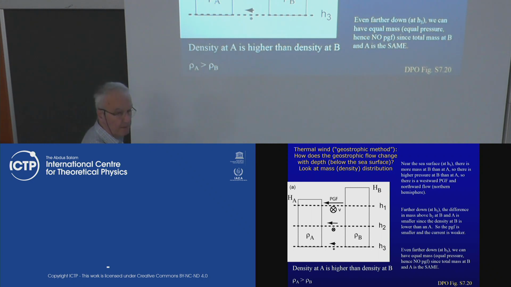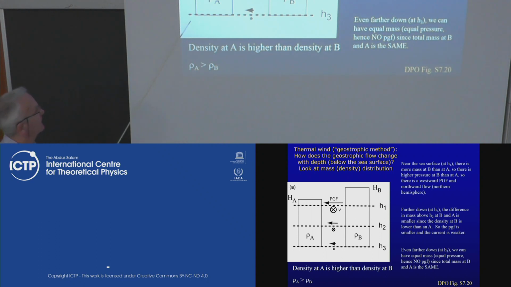Oh, but we don't talk about the salinity here. We talk about the density itself. So in that case, how is rho at A greater than the one at B? We assume that rho at A is larger than rho at B.